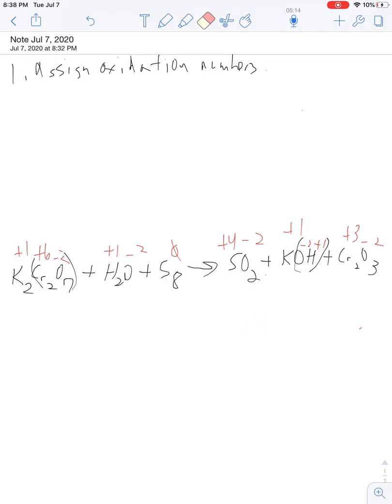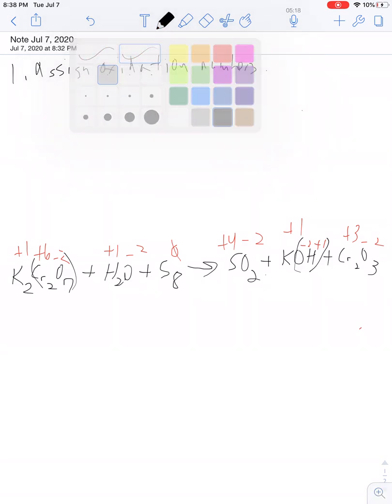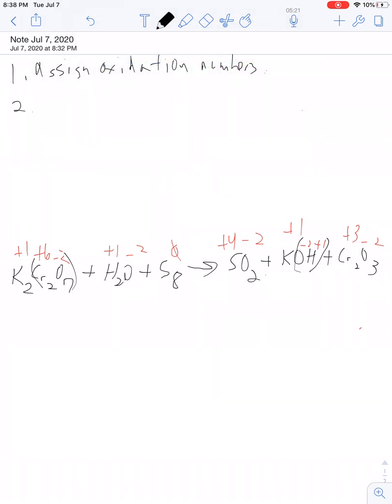So after you assign the oxidation numbers, identify who is being reduced and who is being oxidized.